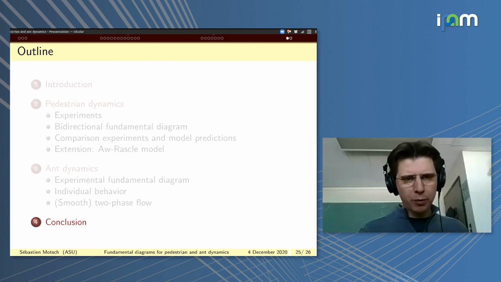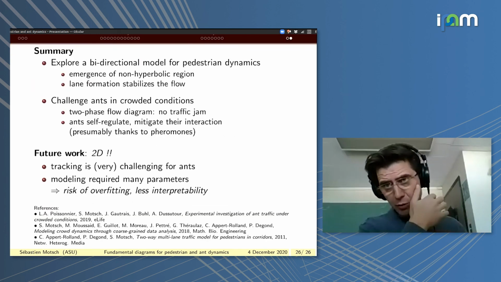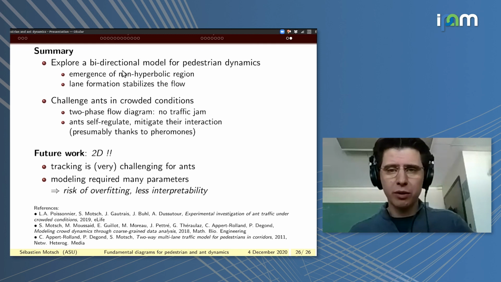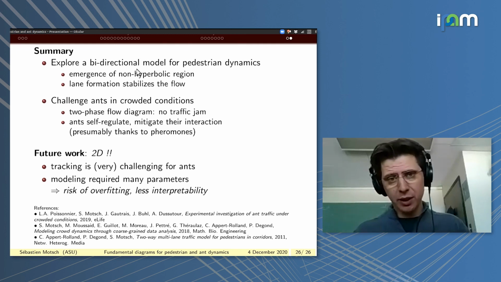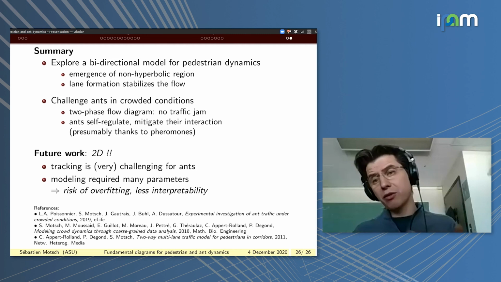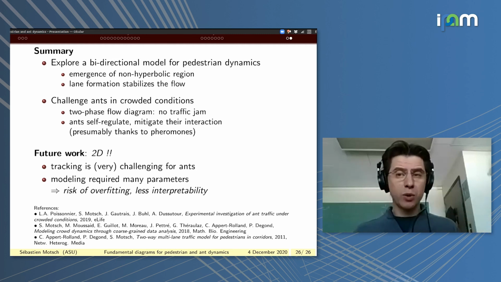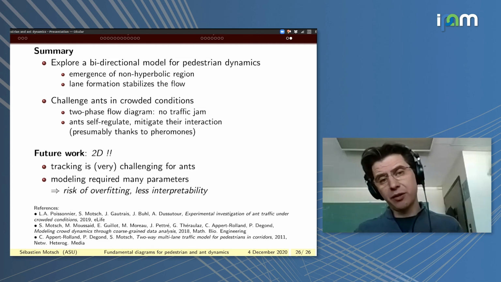Okay, so let me wrap up now. As a summary, we discussed two types of experiments. For pedestrians, we have a bi-directional model, and we have this interesting region, but unfortunately, we cannot really observe it experimentally. Whereas for ants, we went trying to push to the limit of traffic jam, but we cannot find one. There's no traffic jam.